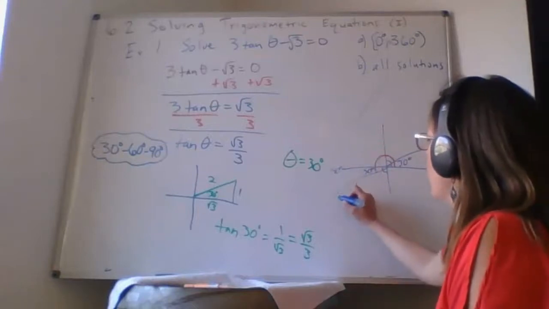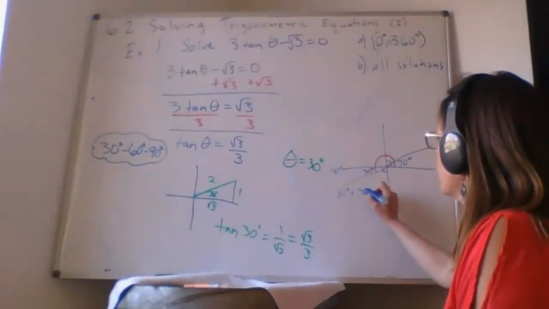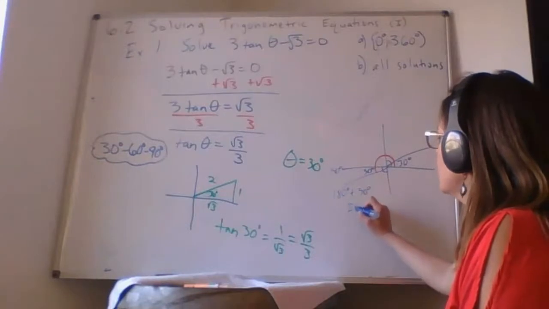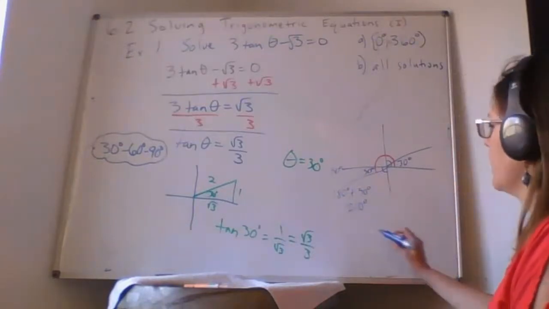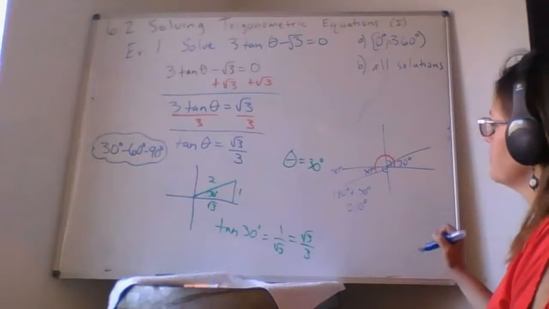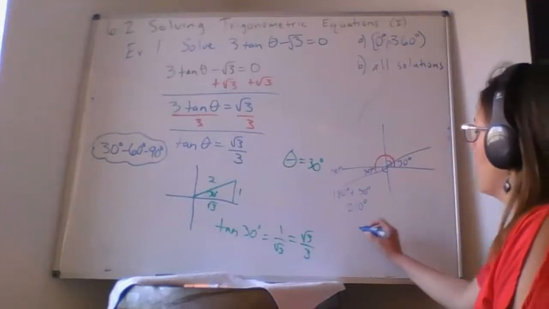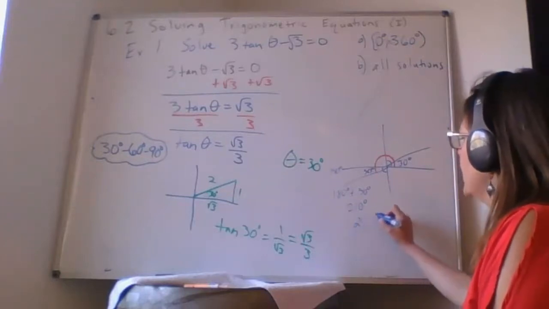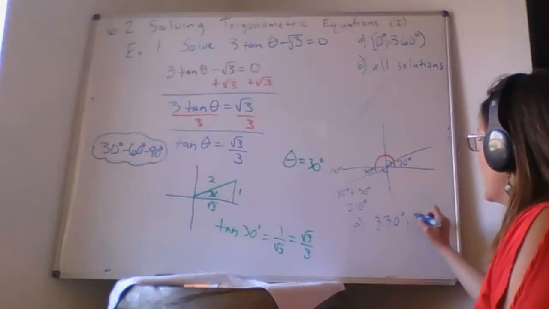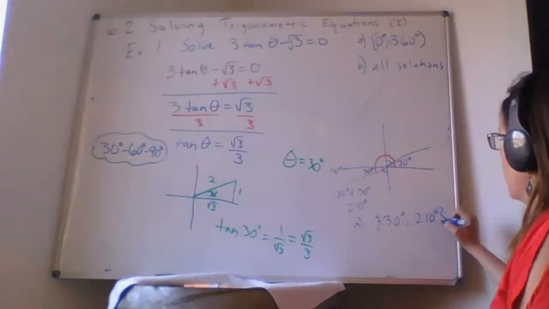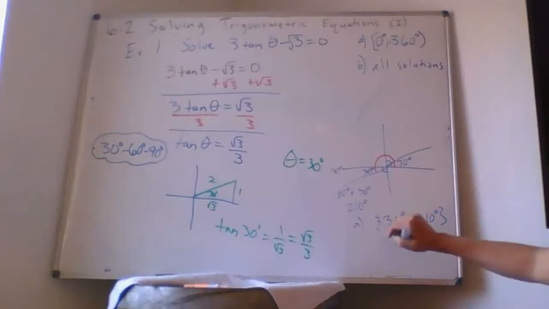So this will be 180 degrees plus 30 degrees. So our other angle is 210 degrees. Therefore, our answer to part A is 30 degrees and 210 degrees. Both of these angles satisfy the original equation.